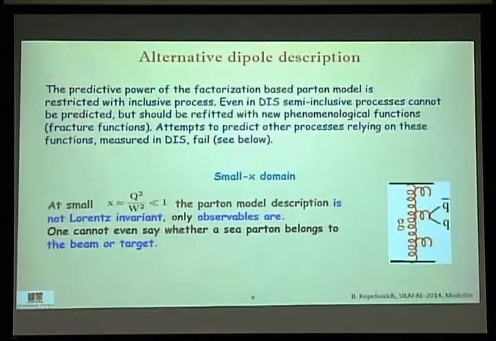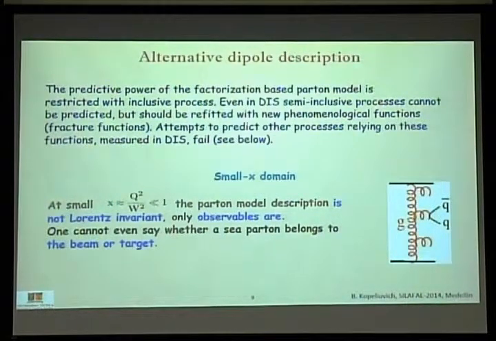Okay, now I want to switch to the alternative dipole description. And as I mentioned, the predictive power of this factorization scheme is quite restricted. For instance, in deep inelastic scattering at HERA, it was a big issue to measure diffractive scattering. And after you made all your fits for inclusive deep inelastic scattering, can you predict diffraction?